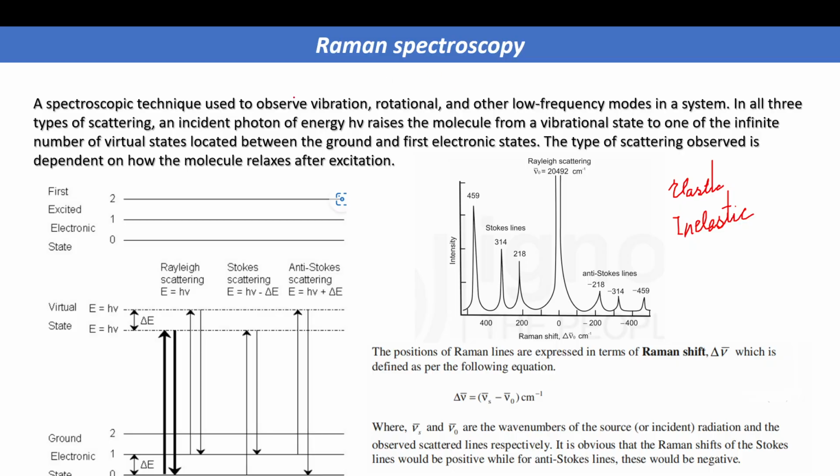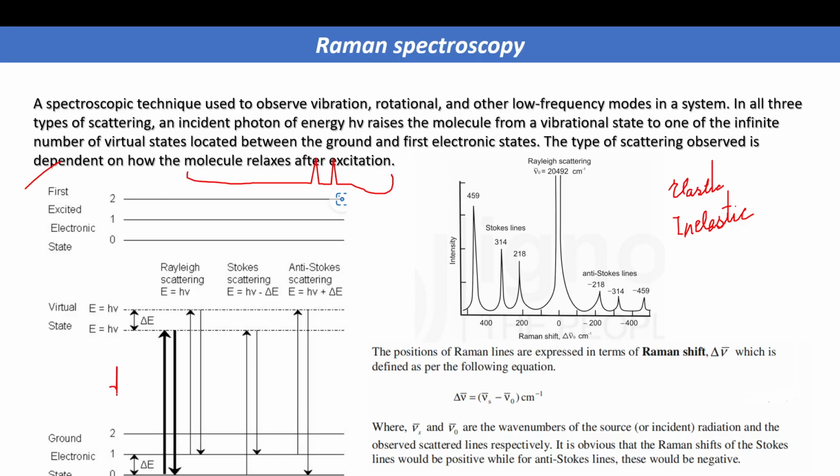Now, an incident photon of energy h mu raises the molecule from a vibrational state to one of the infinite number of virtual states located between the ground and the first electronic states. The type of scattering observed depends on how the molecule relaxes after excitation. Here you are seeing different energy levels.